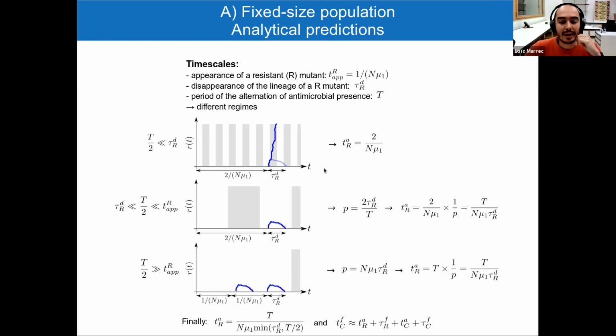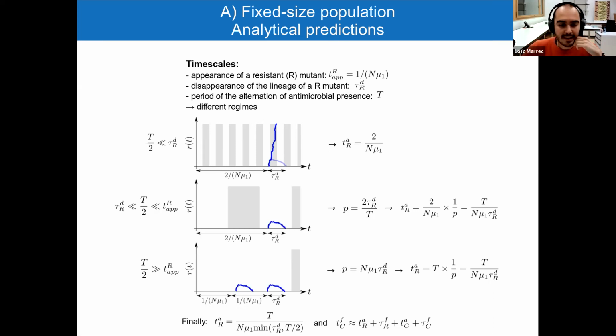And so yes, for this situation, we can compute the average time at which a resistant mutant appears and fixes in the population.